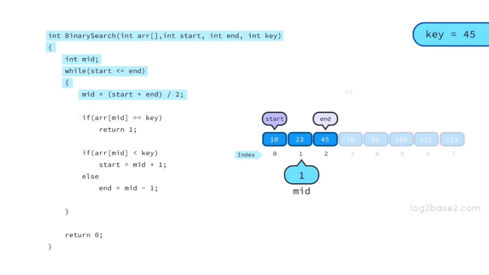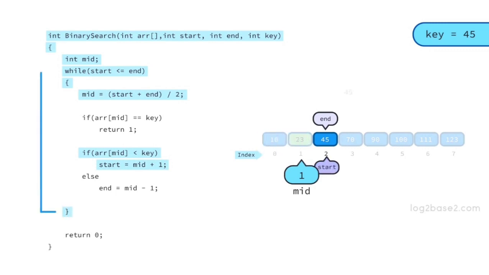So next step is to find the half where key could be present. So check if ARR of mid is less than key, and 23 is less than 45, so we should check in the right half only. So end will be the same, but start should be mid plus 1. So start equal to 1 plus 1, which is equal to 2. Now check the while condition, and 2 is equal to 2.